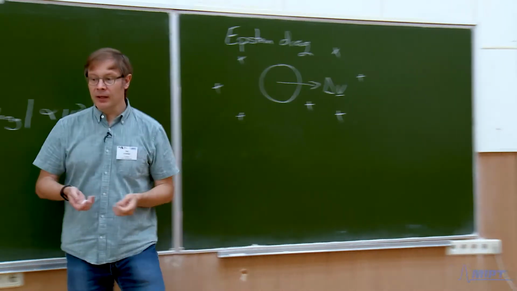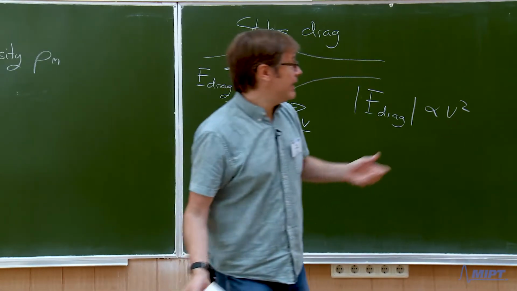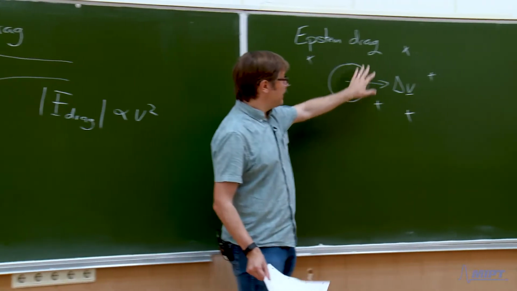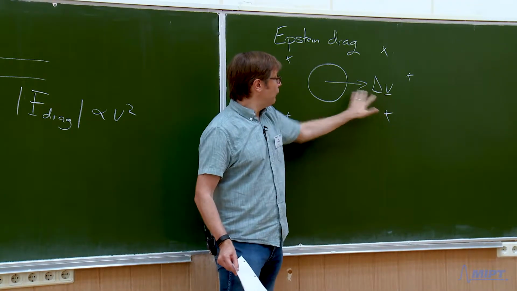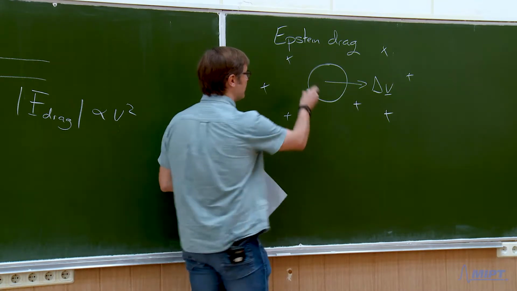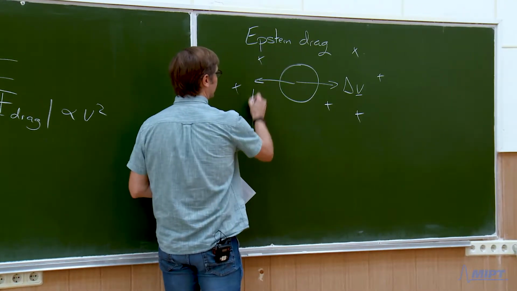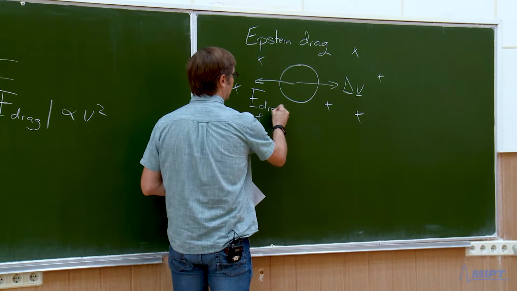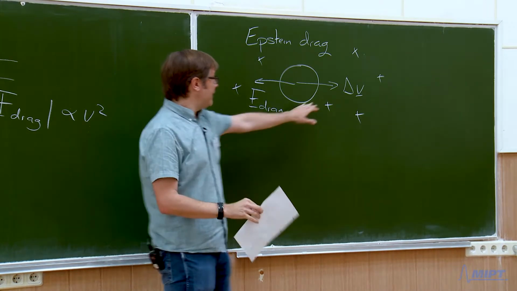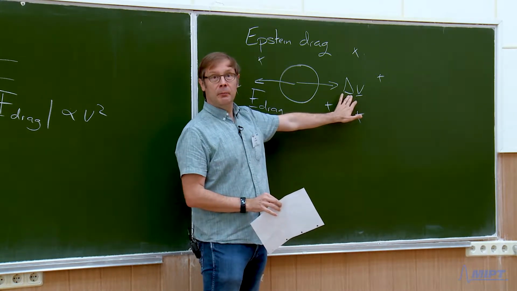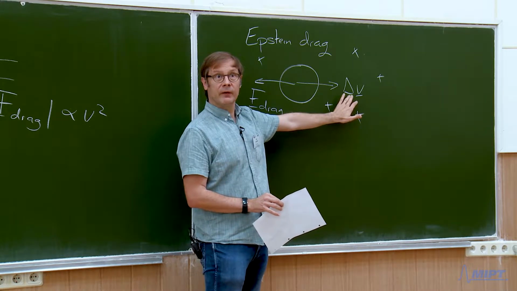Okay? So if you think about that, you can fairly easily convince yourself that in this situation, this drag force that we get, which opposes the motion as usual, is not quadratic in the velocity difference, but it's just linear. Okay.